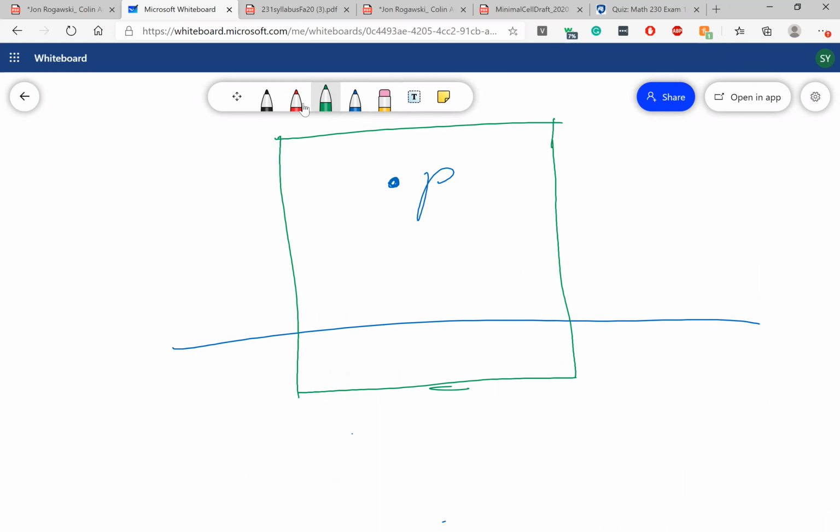One thing I can do is, we already know that if I have 3 points, P, Q, and R, then the way to find the plane that contains these 3 points, does anyone remember how to do it?